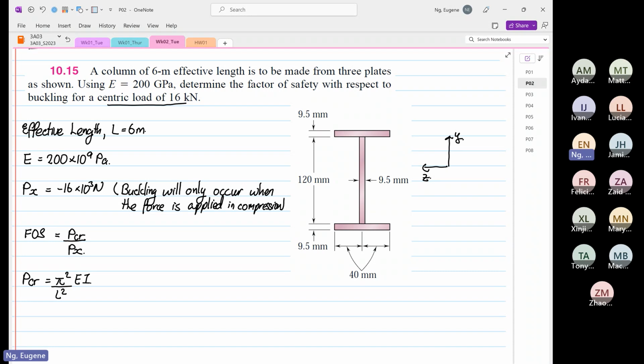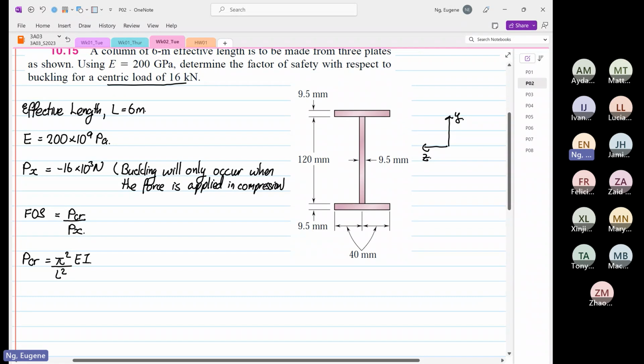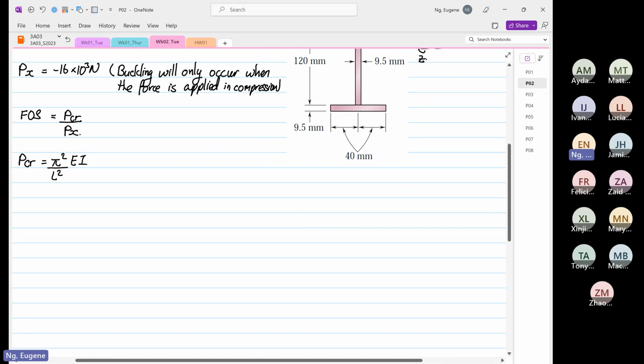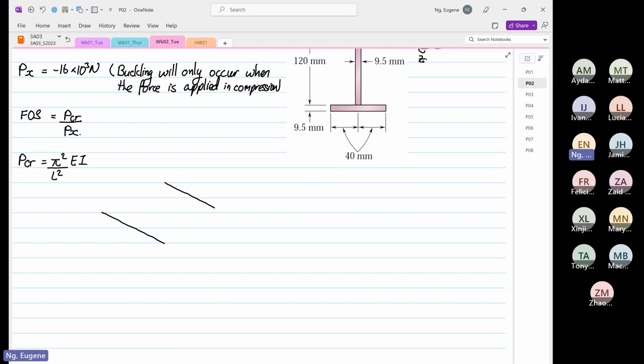Now, this structure can deform in two axes. Let me draw this structure in 3D. This is how our structure looks now. Our structure has one line like this, and then another line like this, and then I'm going to join these.